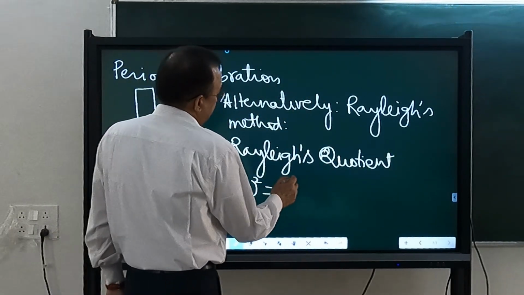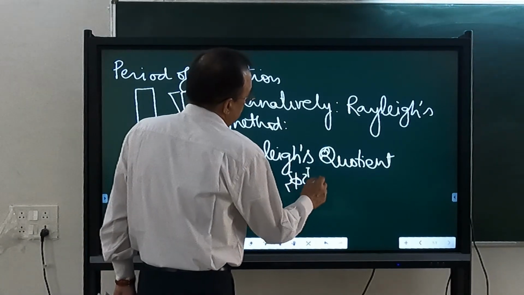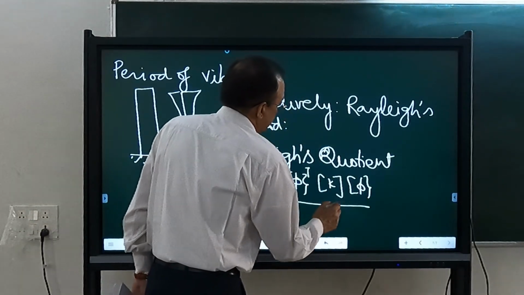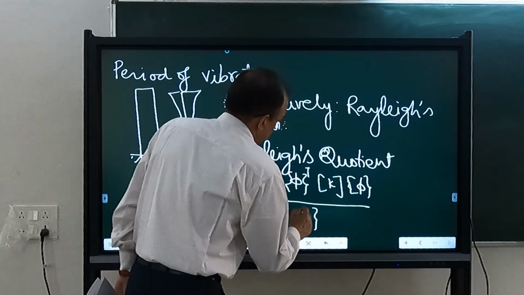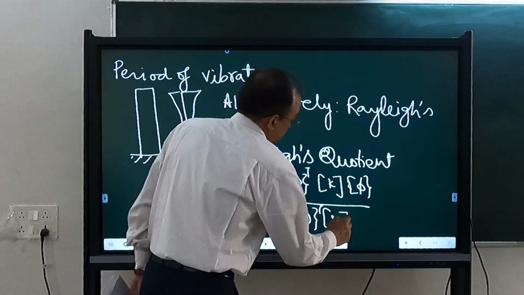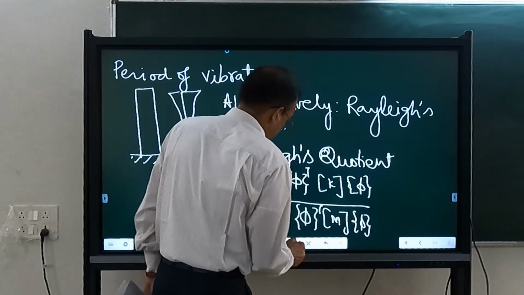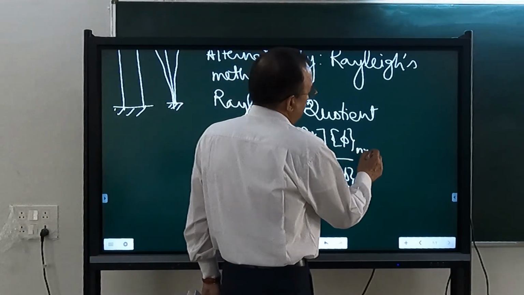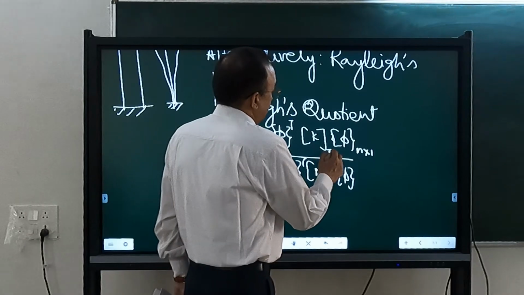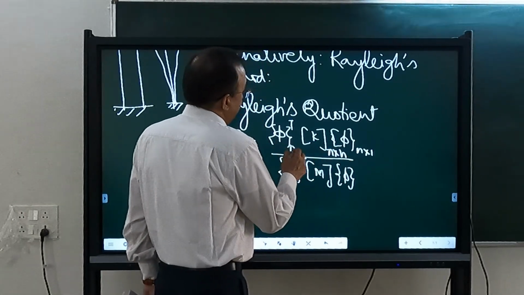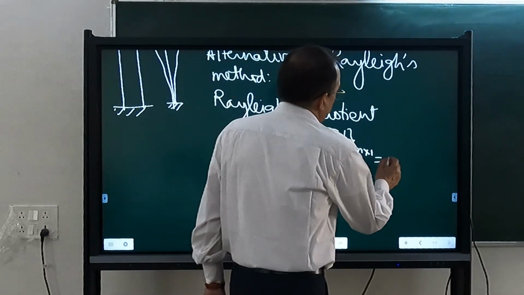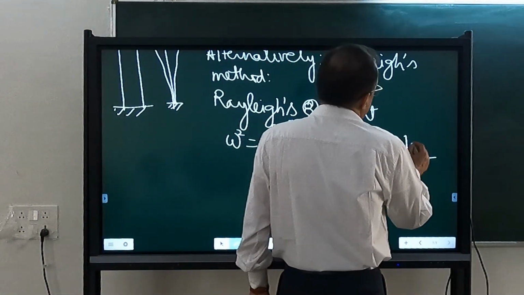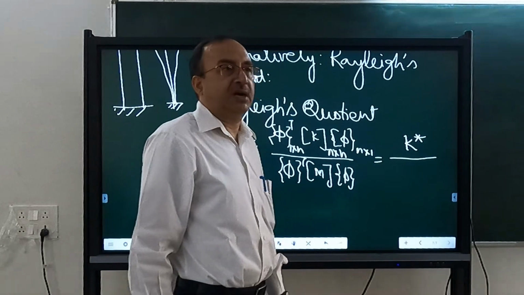This omega square is phi transpose K phi over phi transpose M phi. This phi is n into 1, K is n into n, phi transpose will be 1 into n. So what will be this numerator? 1 into 1, that means a scalar quantity. This we call modal stiffness, k star.